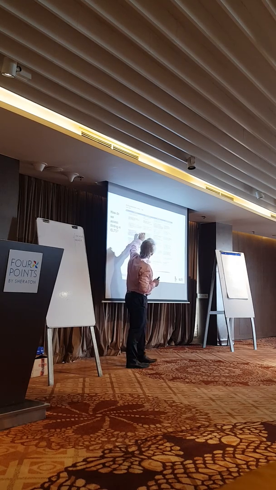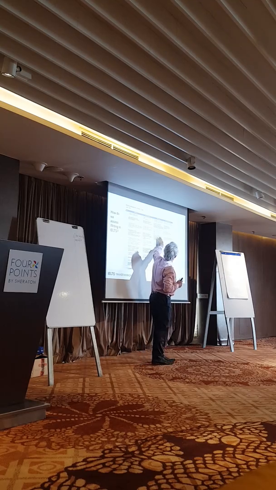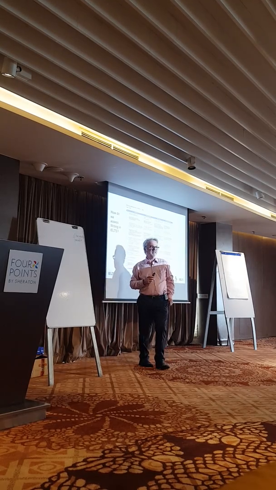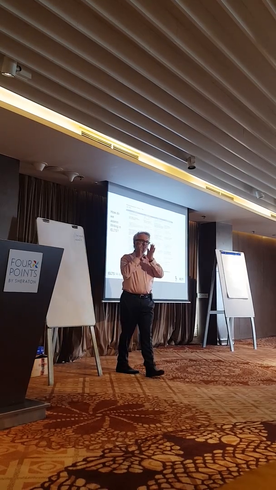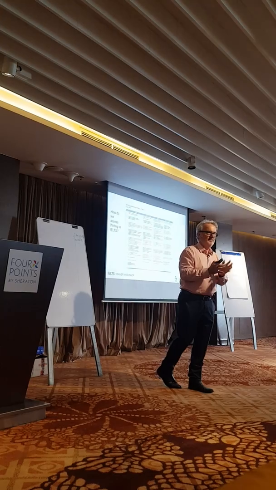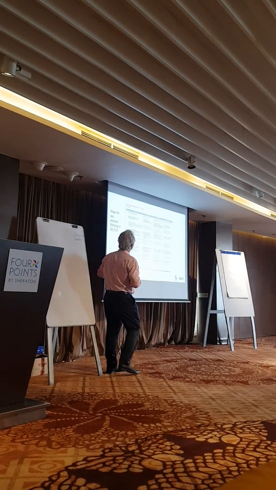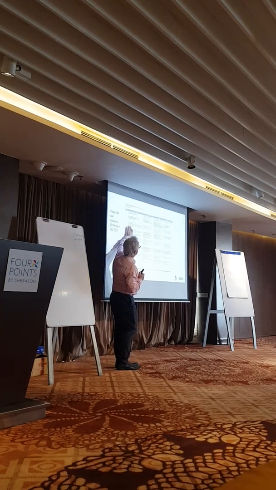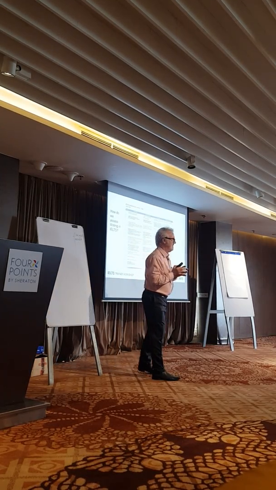Task achievement, coherence and cohesion, lexical resource, and grammatical range and accuracy. This one is simply, do you understand the task? If you understand the task, then you will get a good score here. If you don't understand the task, you won't get a good score.